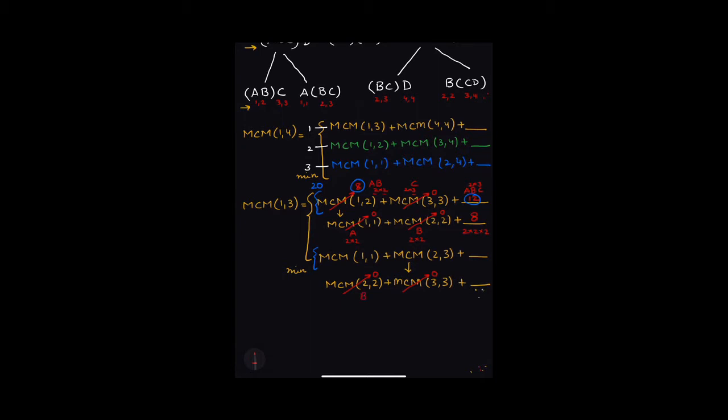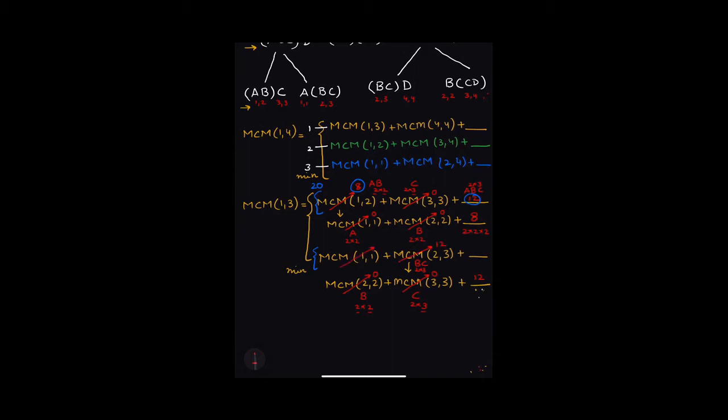This is a B matrix with dimension 2 cross 2. This is a C matrix with dimension 2 cross 3. So the matrix I am getting from here is BC with dimension 2 cross 3, and the multiplication is 2 cross 2 cross 3, which is equal to 12. So the value I am getting for this is 12.